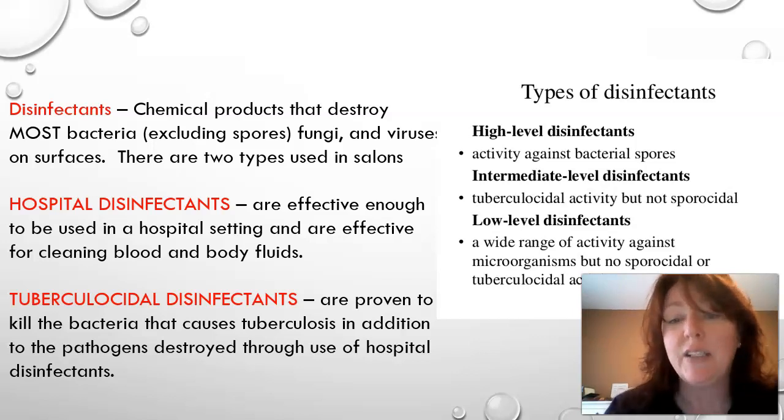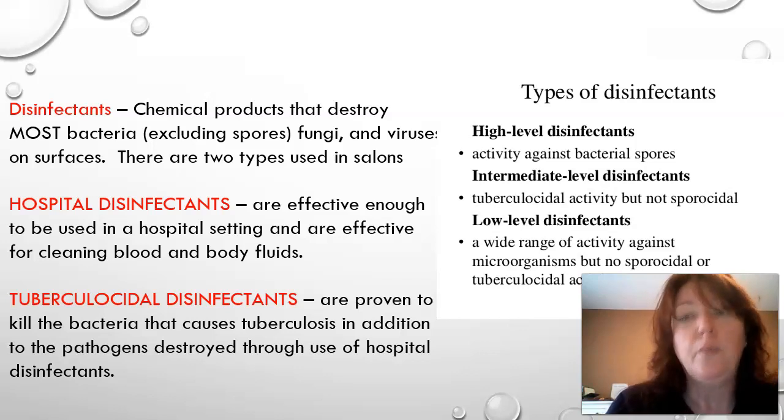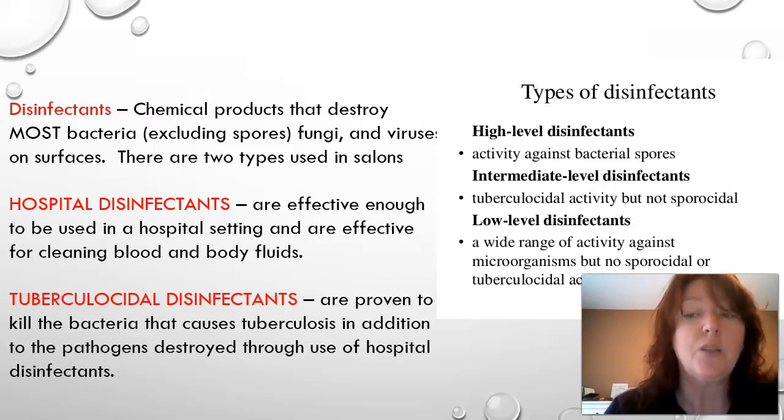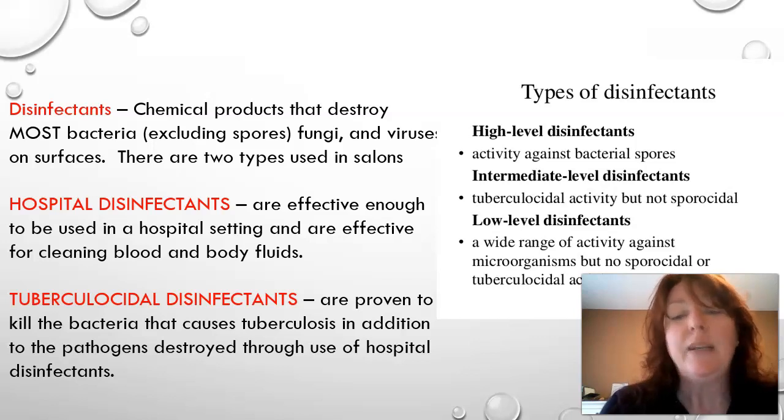So there are high level disinfectants, which are well above what we need to use in the salon. Intermediate level disinfectants, which are tuberculocidal but not sporicidal. And then low level disinfectants, which have a wide range of activity against microorganisms, but are not sporicidal or tuberculocidal. That being said, low level disinfectants would be like a Windex. Intermediate level disinfectants would be like the RTU that we use in the classroom.